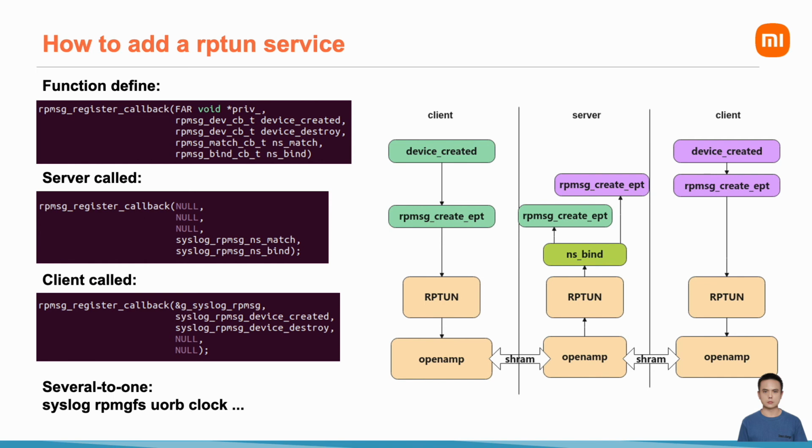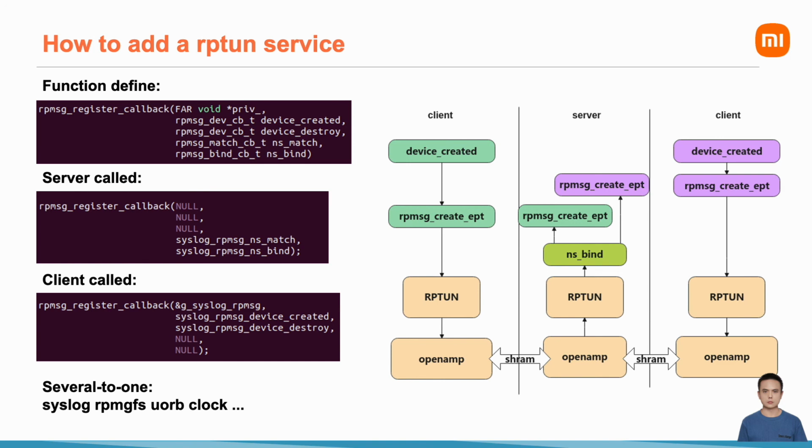First, the client device created callback will be called, and it will call the rpmsg create EPT function. This function will send an NS-bound message to the remote, and the server receives the NS-bound message.